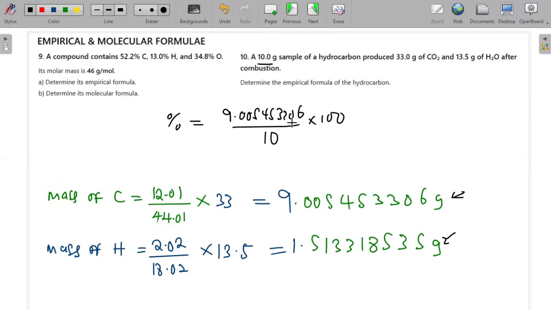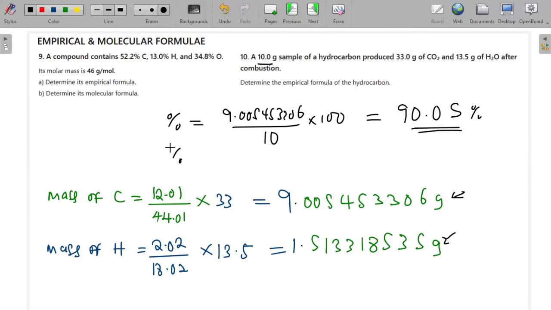Okay, so what am I going to get there? 9.005453306 divided by 10 multiplied by 100. Okay, so the percent that I'm getting there is 90.05%.